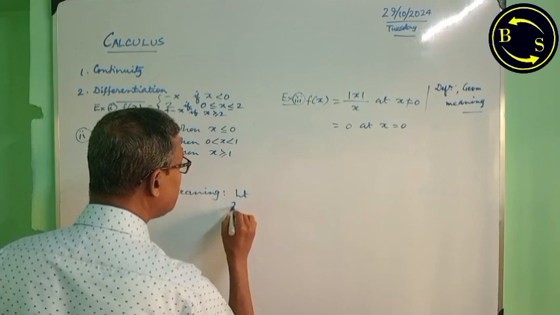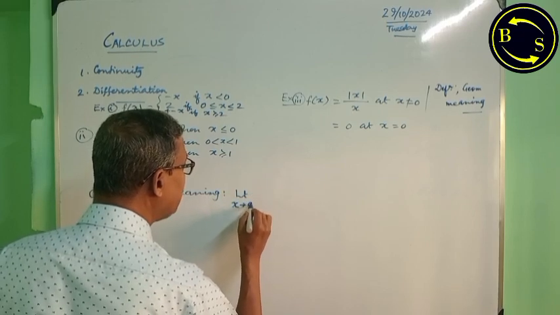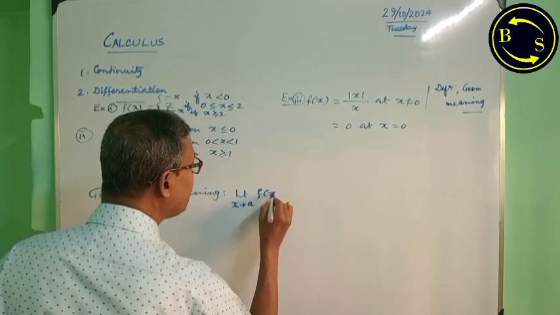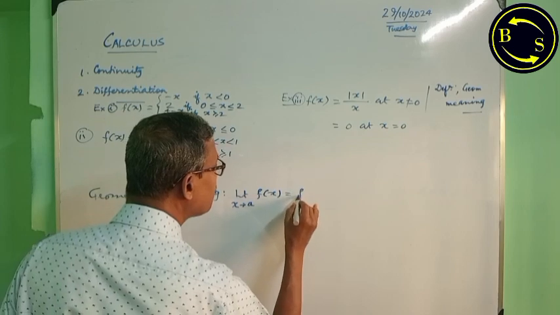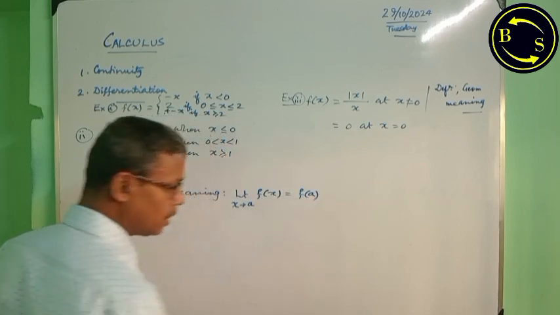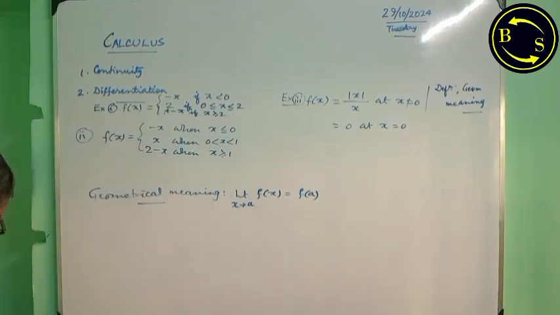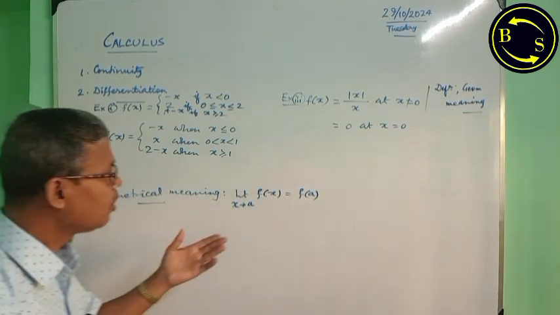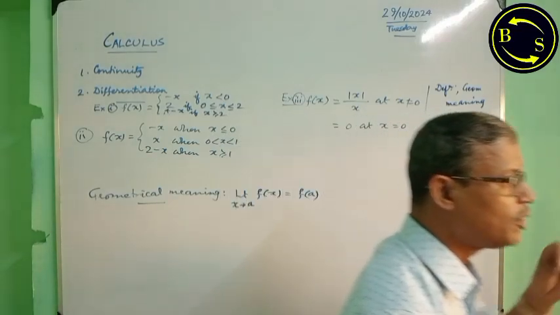Limit x tends to a f(x) equal to f(a). This is the condition of continuity of the function f(x) at the point x equal to a.